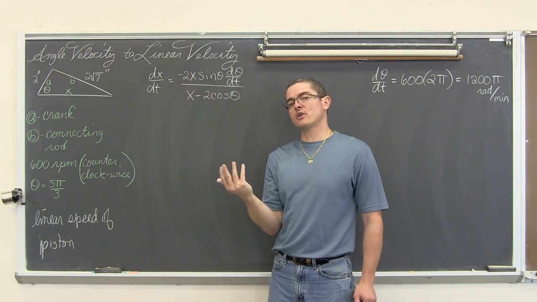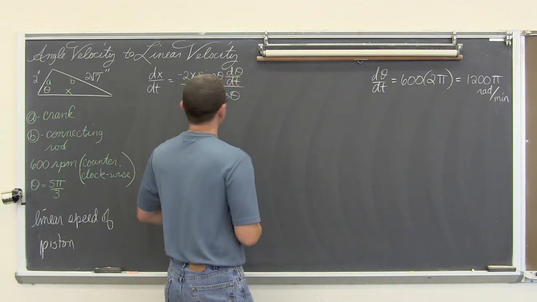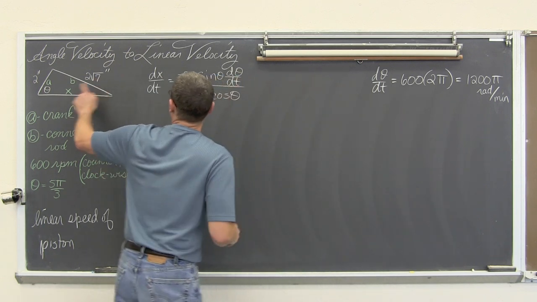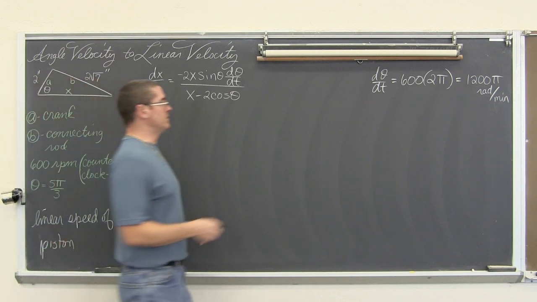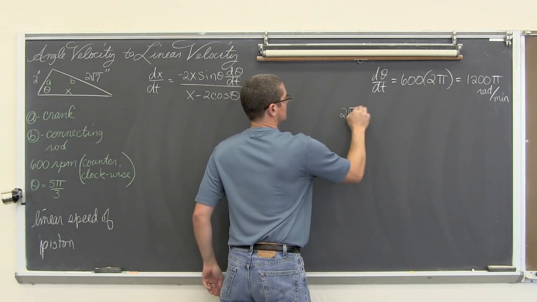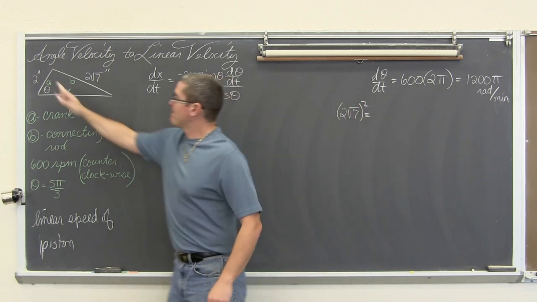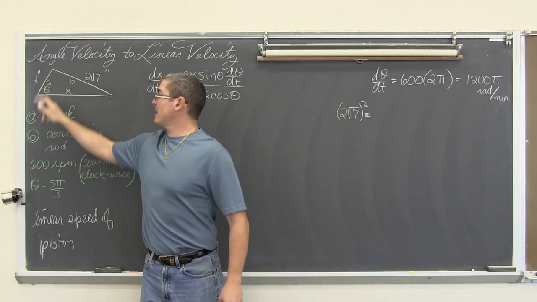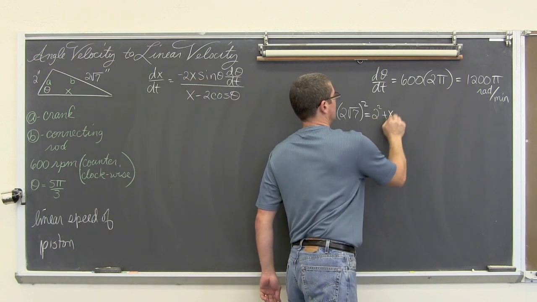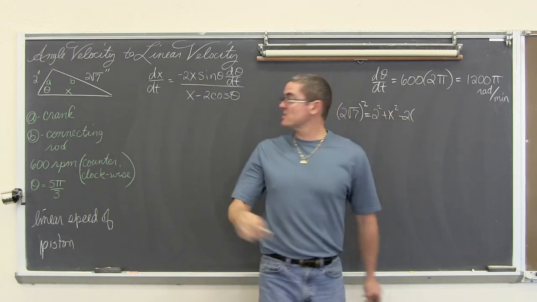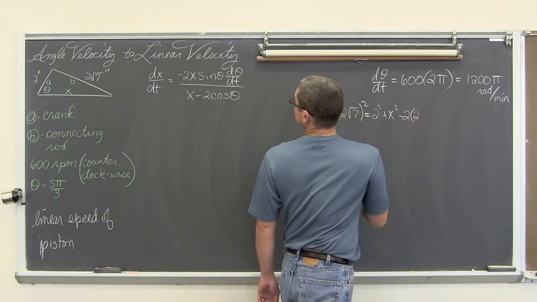Well, again, law of cosines. With some scratch work, back to that original law of cosines that we set up: 2 square root of 7 squared equals the other two sides squared and added together, so 2 squared plus x squared, minus 2 times the other two sides, so minus 2 times 2 times x.